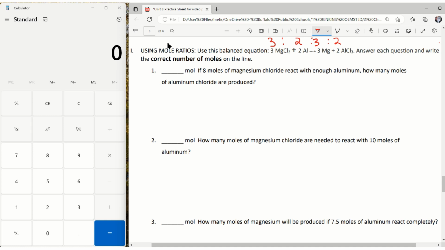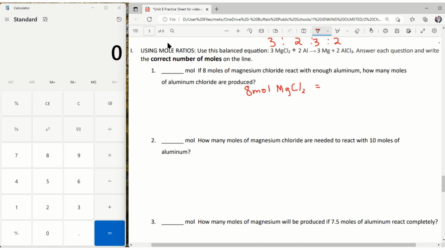So I have 8 moles of magnesium chloride react with enough aluminum. So I know it's enough, right? So that means this all gets used up. So I want to know how many moles of aluminum chloride are produced.